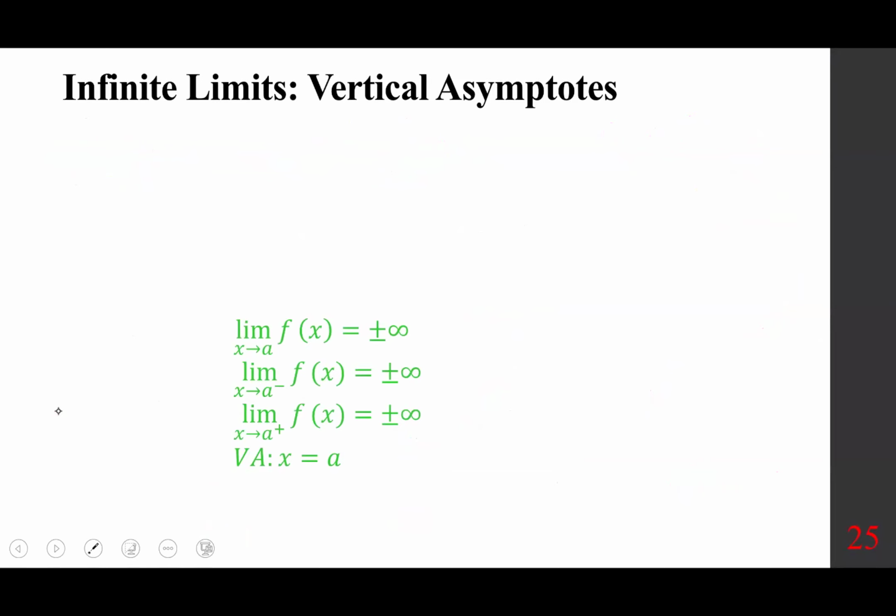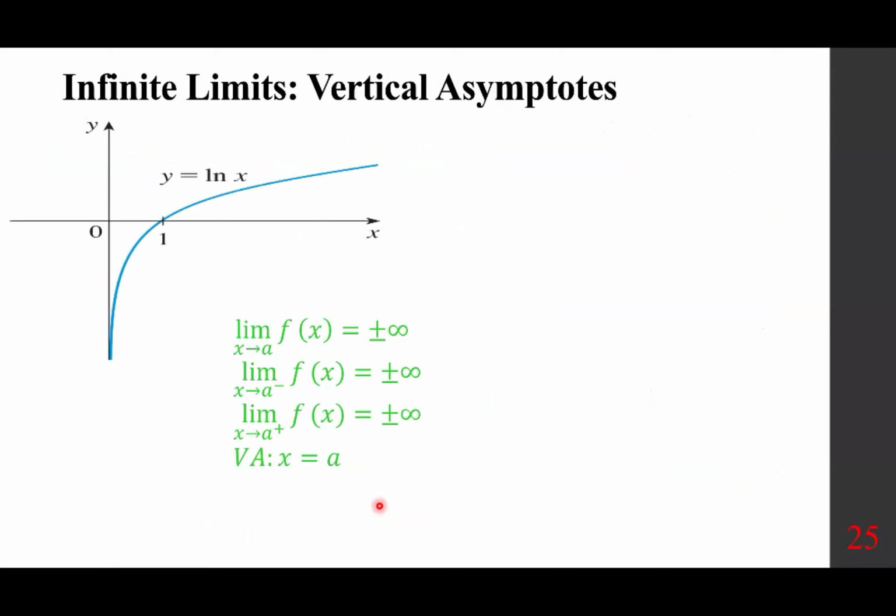Vertical asymptotes. The definition was that the limit of f of x when x approaches a, or a from the right, a from the left, if it results in negative or positive infinity, we have a VA, vertical asymptote, with the equation x equals a. For example, you're all familiar with the graph of y equals ln x.